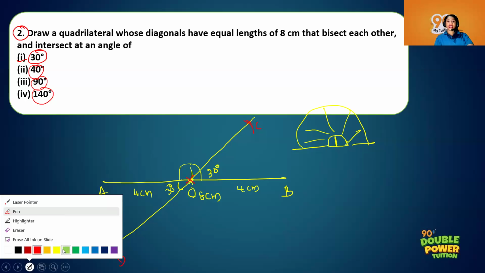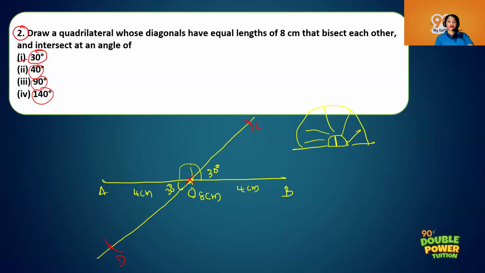Now join AC, BC, CD, everything. You have to join everything, so using your scale, join these points. It will look exactly like this. Clear?